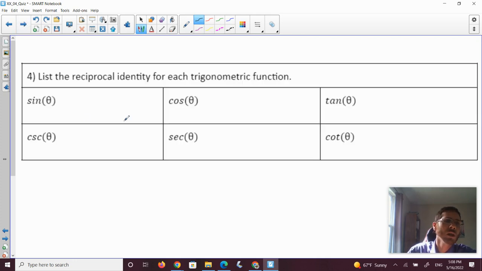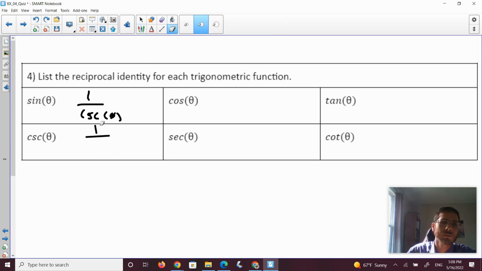There we go. For 4, list the reciprocal identity for each trig function. So sine is 1 over cosecant. Cosecant is 1 over sine. Cosine is 1 over secant.